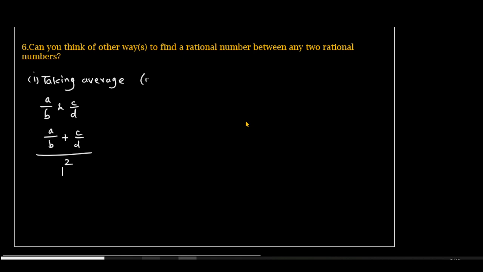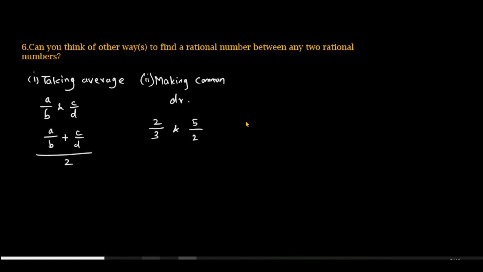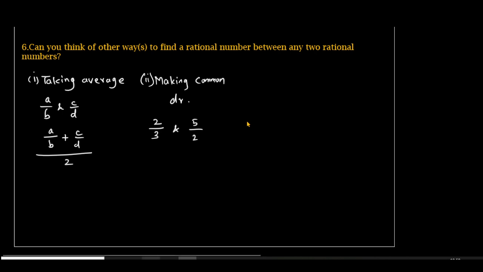The second method is making a common denominator, that is, equivalent fractions. For example, take 2/3 and 5/2, two numbers given. You need to find a rational number between these, which means make the common denominator. How?